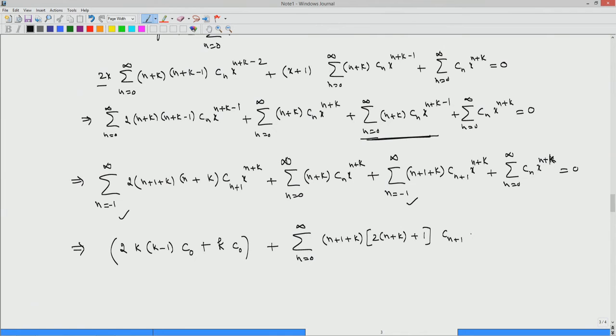That is also common. So, plus what else you have, (n+k+1) times c_n into x^(n+k). That is common in both places, so you have x^(n+k) which is equal to 0. Okay. So, this is what you have.